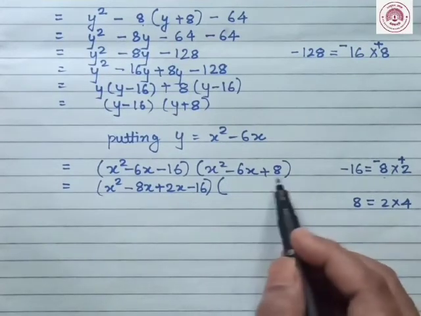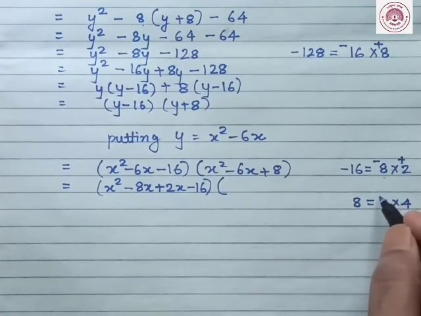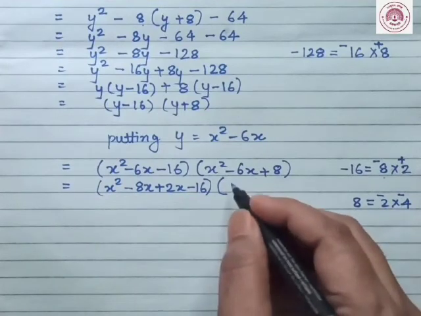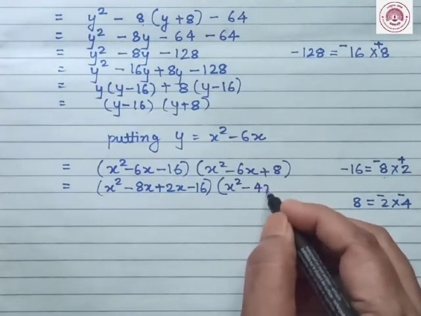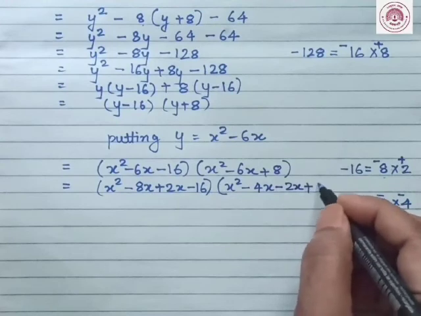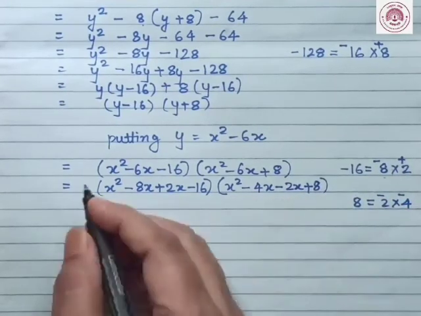So here as we want positive 8 and the middle term is negative, both factors should carry a negative sign, because −2 − 4 is −6, right? And −2 multiplied by −4 is positive 8. So let's factorize it. x² − 4x − 2x + 8. Okay, so we have split the middle term.